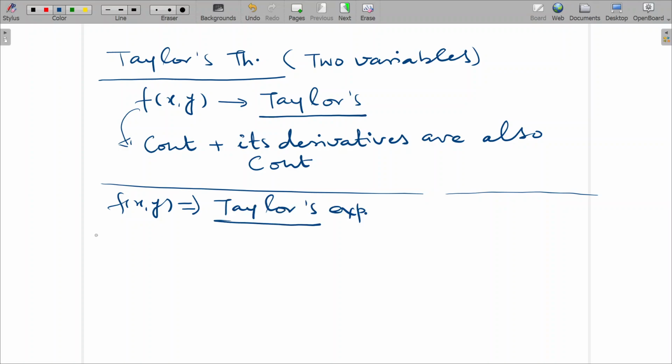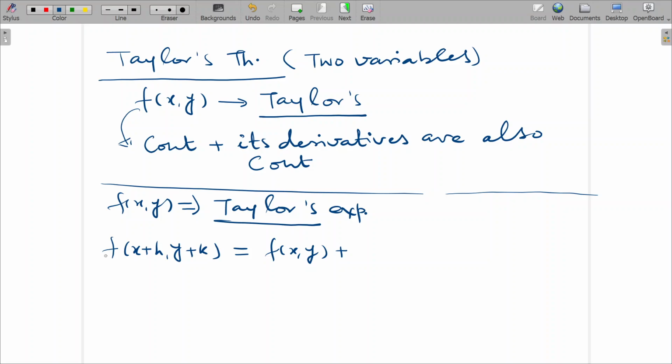So what we will do, we again take the first case, which is if you are expanding in the close vicinity of the point (x,y), which is our general point. We are not putting any fixed or certain value for these x and y. So the expansion is f(x,y) plus, now because we are dealing with a function of two variables, we have two first order partial derivatives.